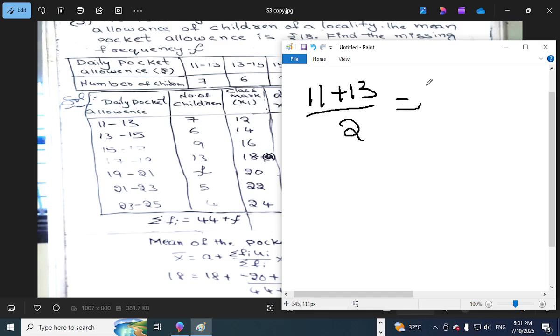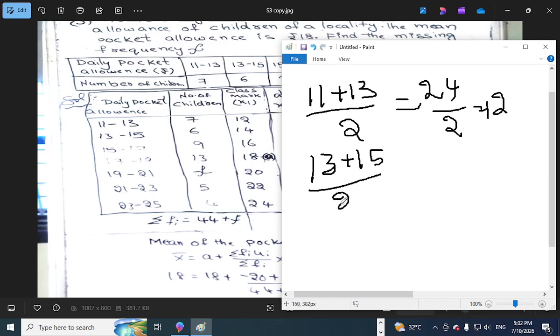By that we get the class midpoint for the first class: 24 by 2, which equals 12, is the first class mark. Similarly, for the next class, 13 plus 15 by 2 is the formula for finding the midpoint of 13 to 15, which is 28 by 2, which equals 14.